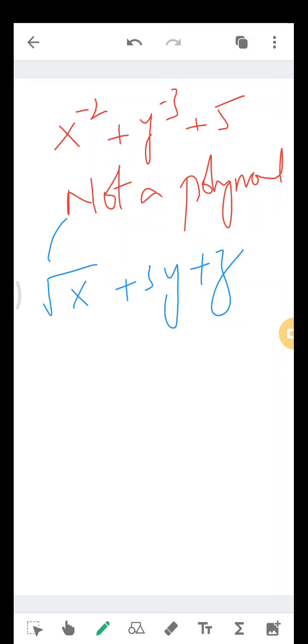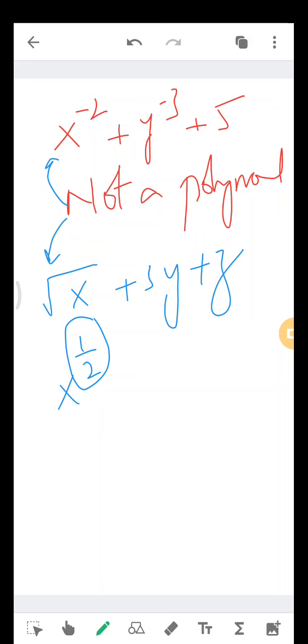So this is also not a polynomial. The earlier one is not a polynomial because the power is negative. This is not a polynomial because it has a root, and the root becomes power 1 by 2. So the power cannot be in fractions also.